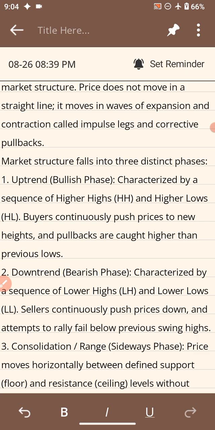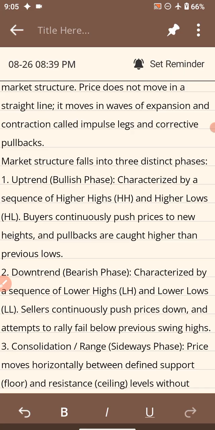So when we talk about an uptrend, a market that is moving upward, we characterize that with the symbol HH, which tells us it is a higher high. And then if we talk about the higher lows, we characterize it with the HL symbol, which tells us the market is pushing forward and then retracing back.